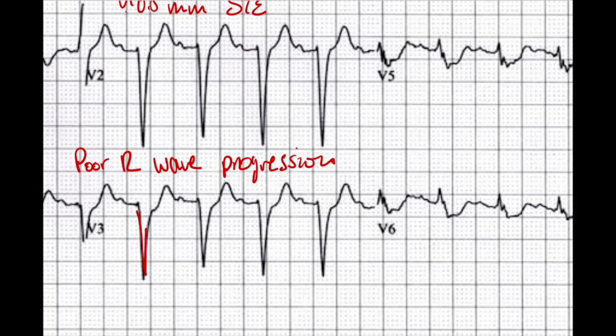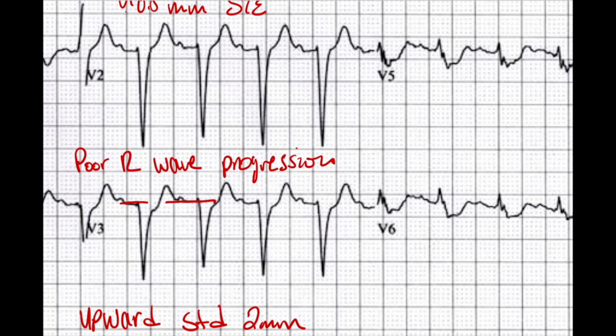We have a dominant S wave, and we come up and have this isoelectric point, so that's our J point, and it would seem like we have upward sloping ST depression of about 2 millimeters.